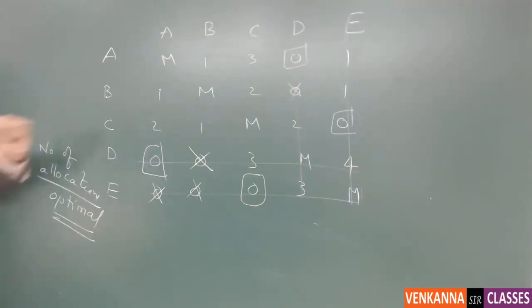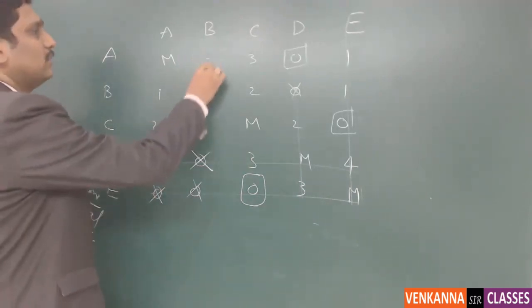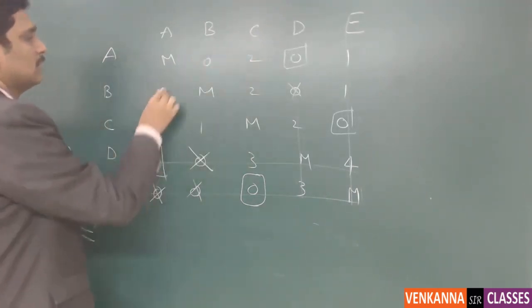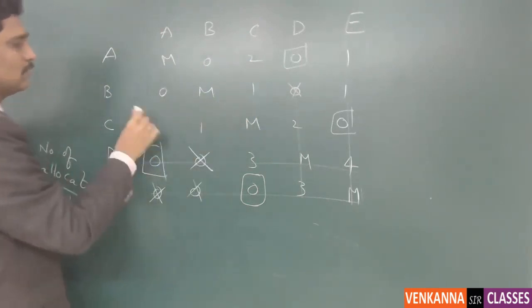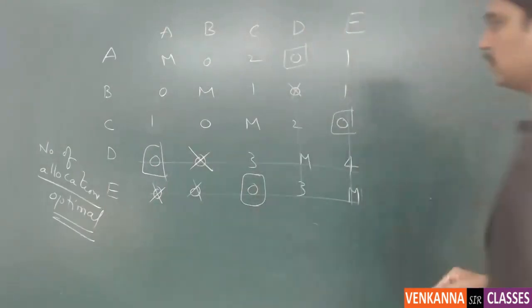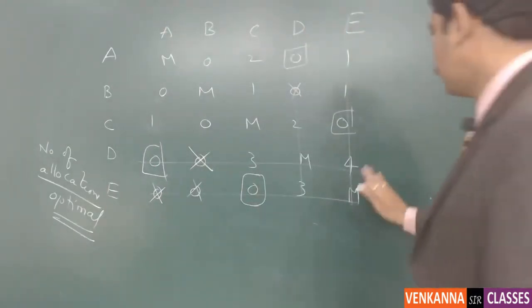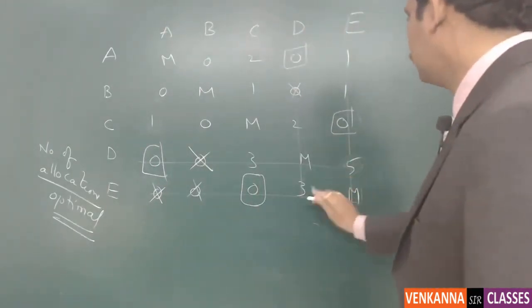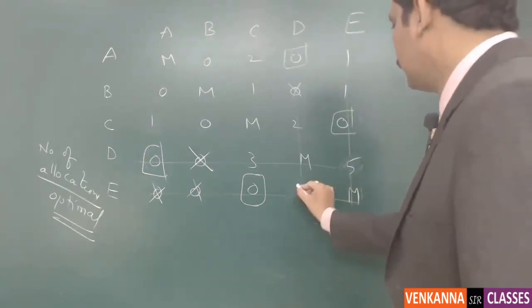So the smallest element remaining is nothing but 1. If you subtract it here, it will become 0, 2, 0, 1, 1, 0. As and when you get an intersection, there you are going to modify it. So here you are going to modify it. It will become 5. It will become 4.